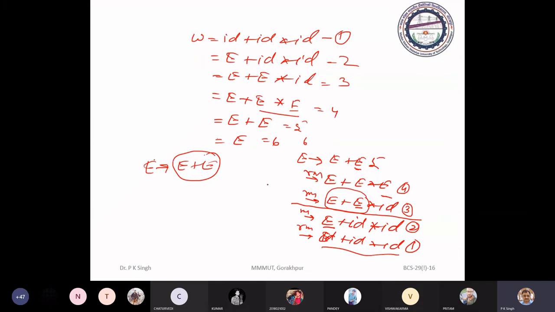We are just going further to reduce to handle this identifier.